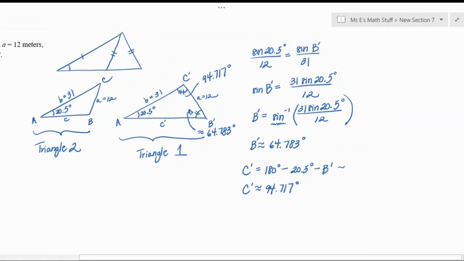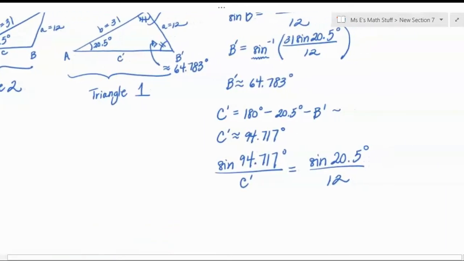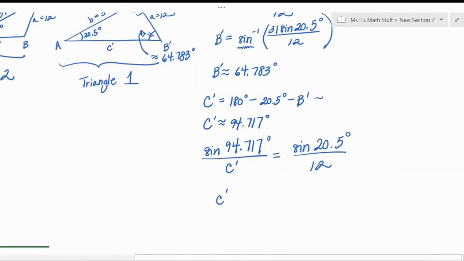So let's do that. Law of sines, I'm going to set up C prime, we know. I'm trying to solve for the length there, and then I'm going to set it equal to the original complete ratio for angle A. Okay, then cross multiply and divide.